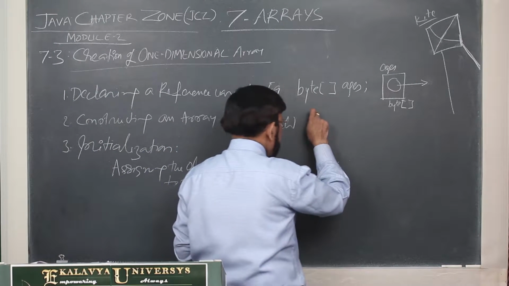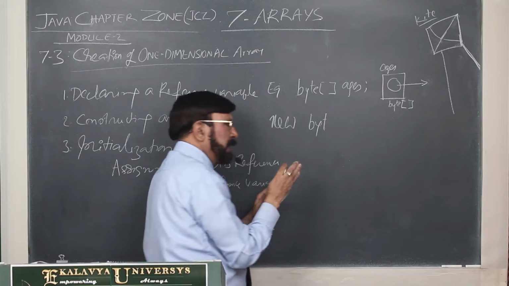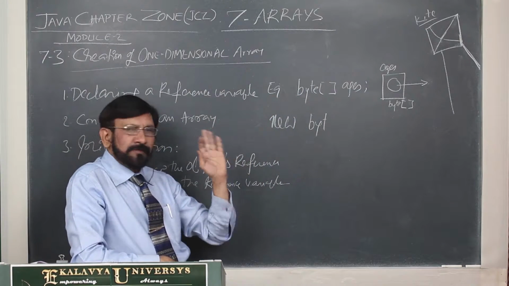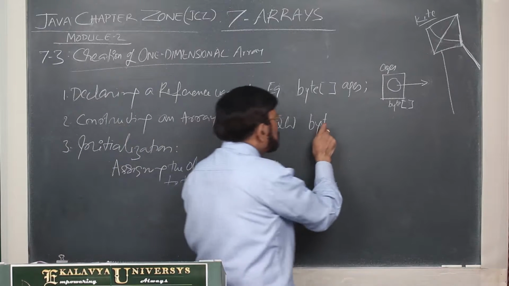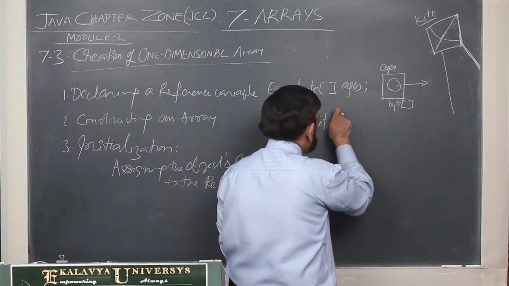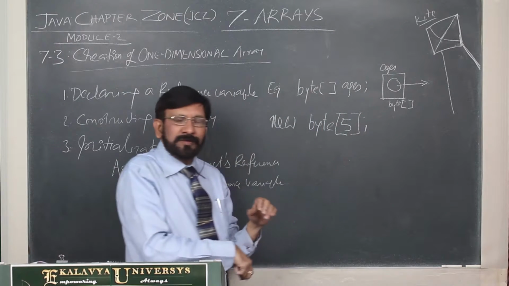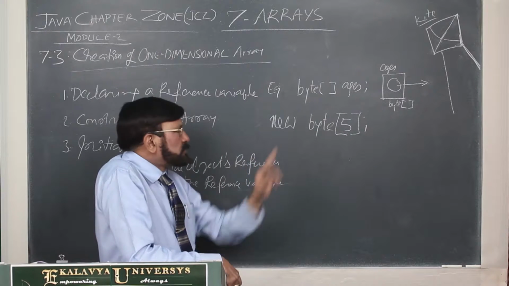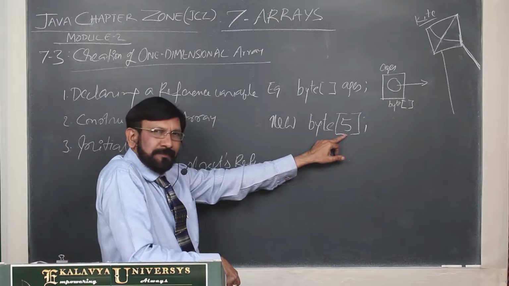For specifying that, actually I want to create an array of 5 ages. So byte 5 I mentioned because I want to store the ages of 5 students. So its type is byte, so I have to specify it like that.